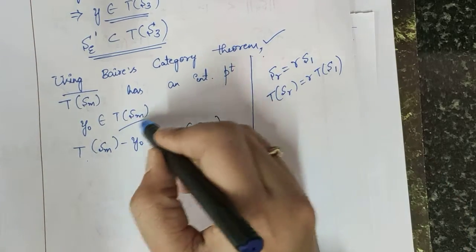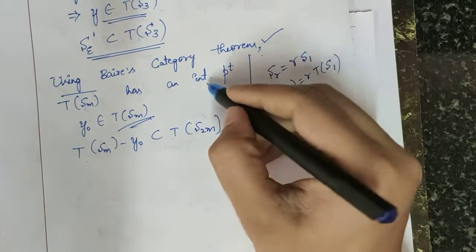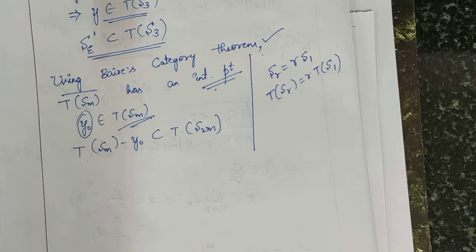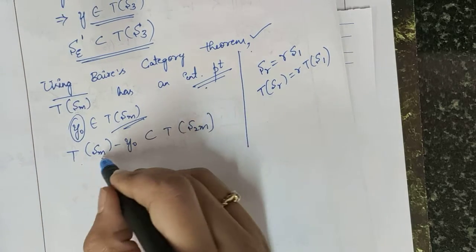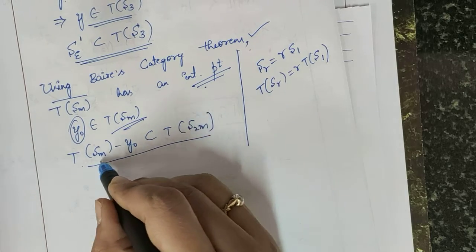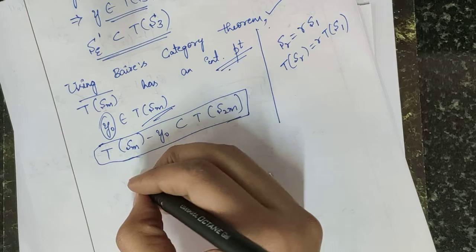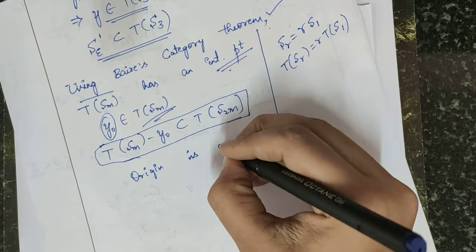Using that theorem we concluded that the closure of T of SM has an interior point, and we defined that point as some y0. So y0 belongs to T of SM. We used this in order to show that the origin is also an interior point.